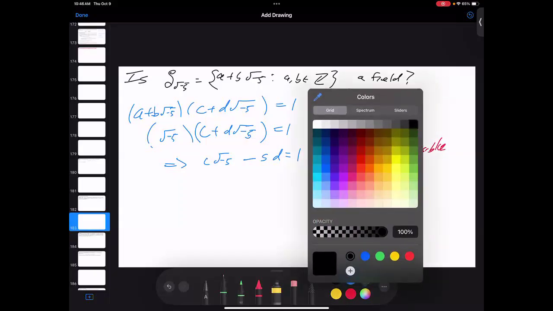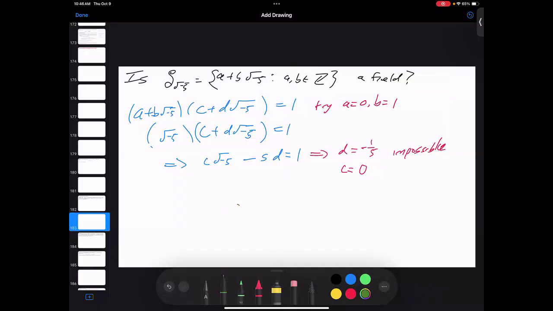Alternatively, I could use this to say C times the square root of negative 5 equals 1 plus 5D, or the square root of negative 5 equals 1 plus 5D over C, which is rational, which is false. There's more than one way to attack a lot of these problems.